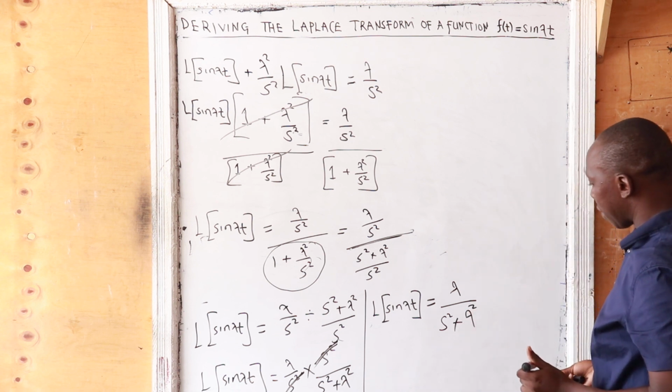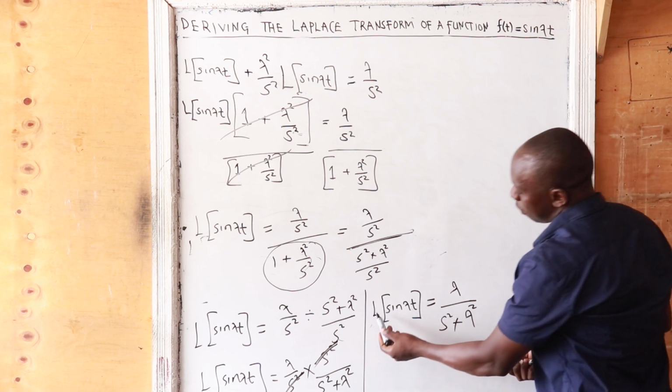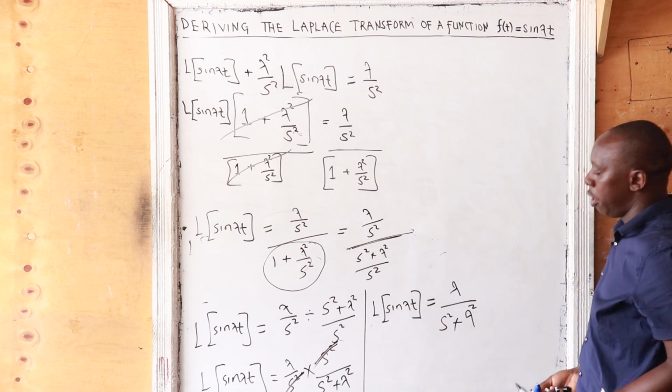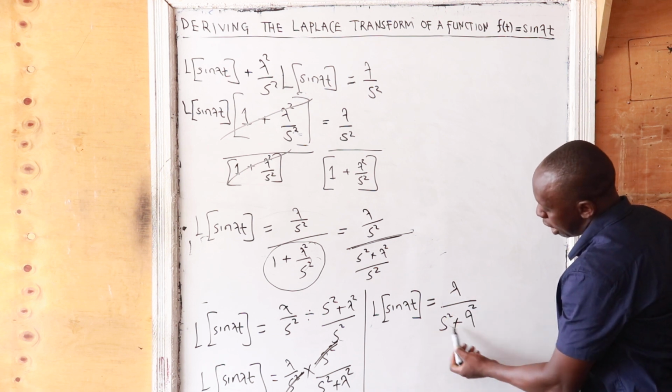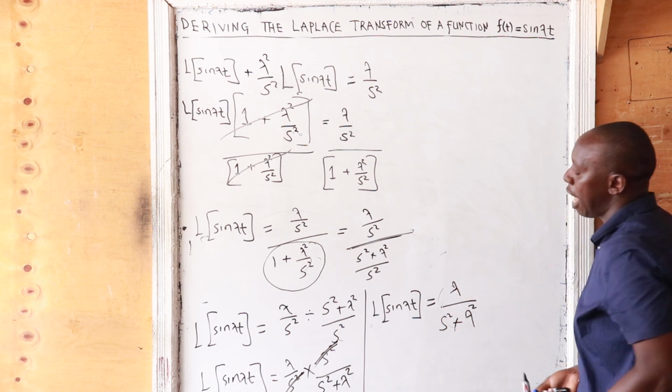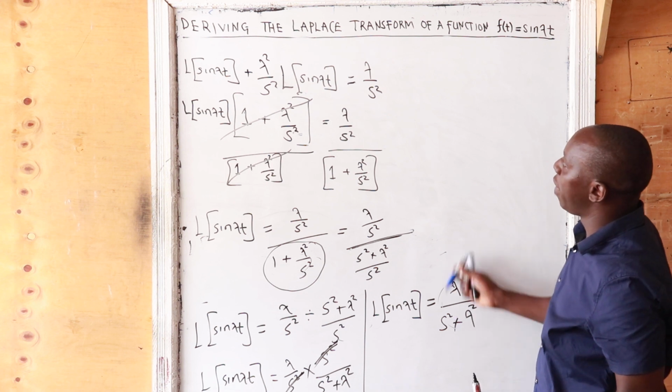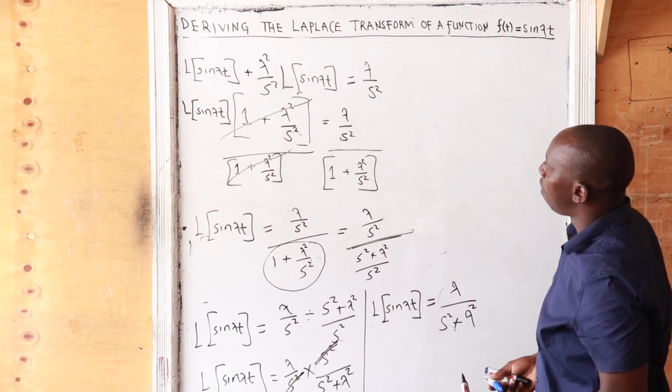And learners, the Laplace transform of sine lambda t is given by lambda all over s squared plus lambda squared.